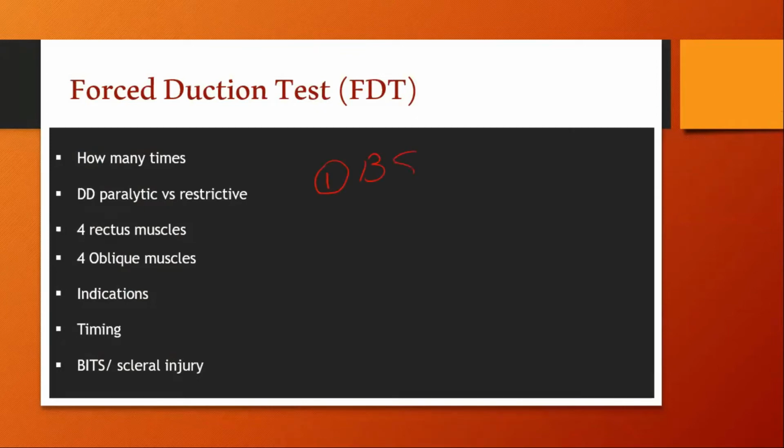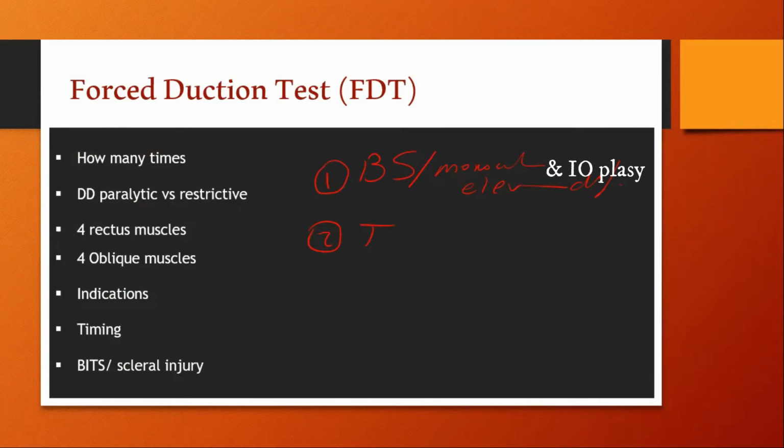Let's say Brown syndrome. Yes, we need the forced duction test to differentiate between Brown syndrome and monocular elevation deficiency. We just mentioned this. Another example: thyroid eye disease. Yes.